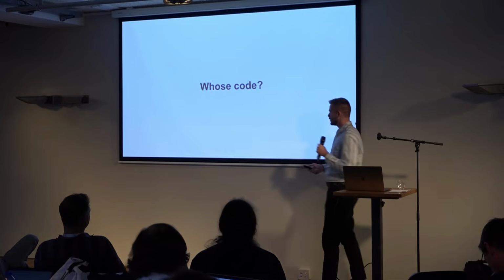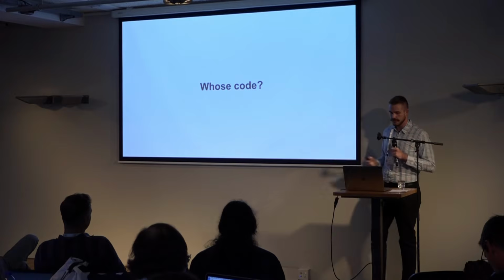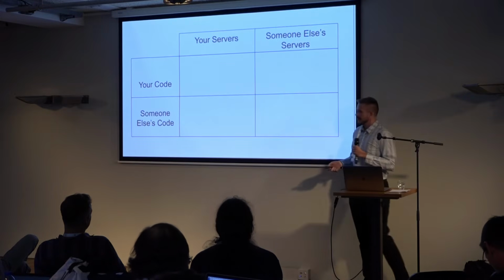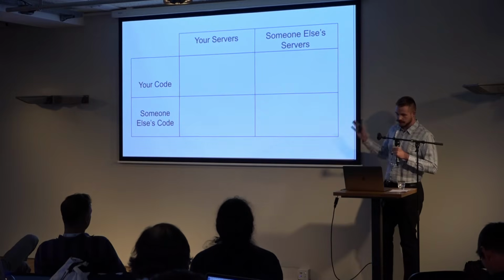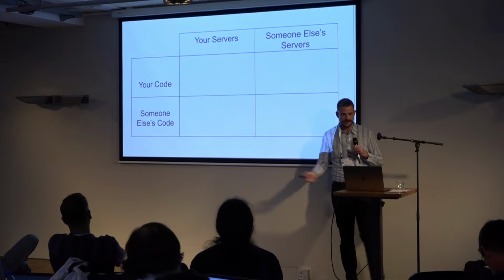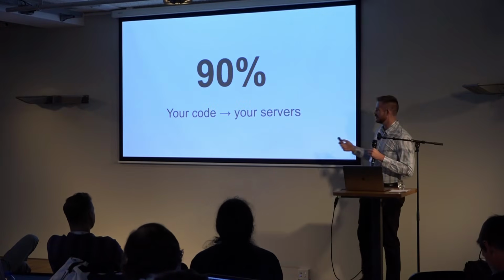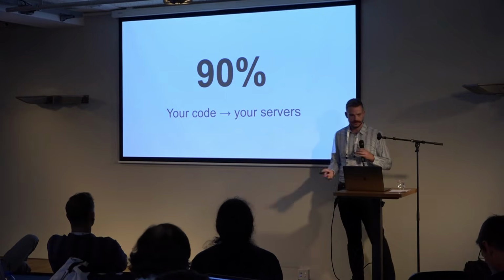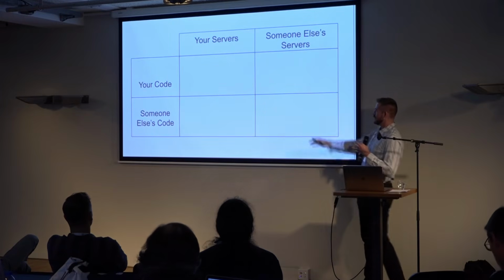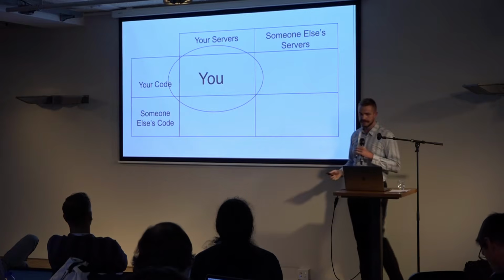So the first question is: whose code are we talking about here, and where is it going? There are actually 4 ways that you can be shipping. If you're an operator or a Helm user, chances are most of what you're working on is shipping your own code to your own servers, so you're up here most of the time.